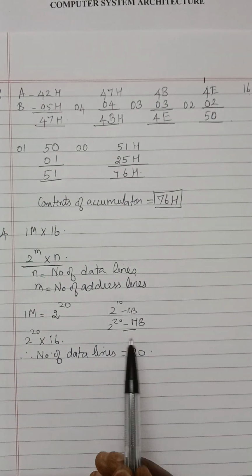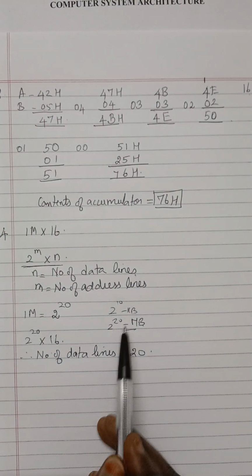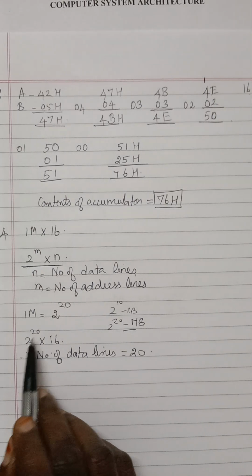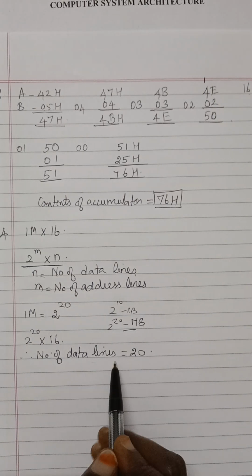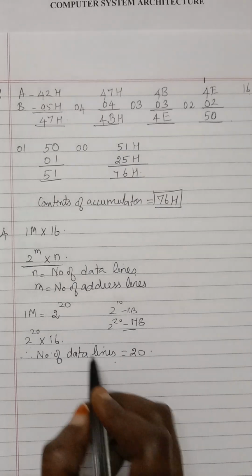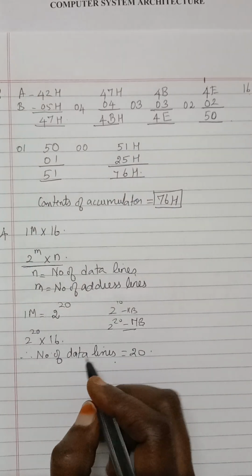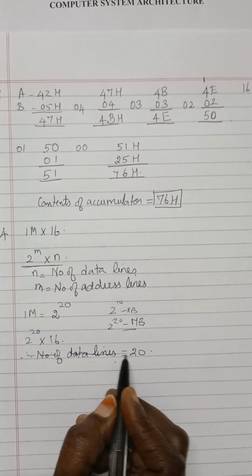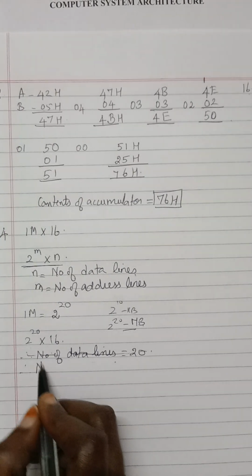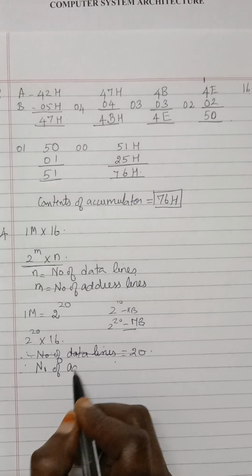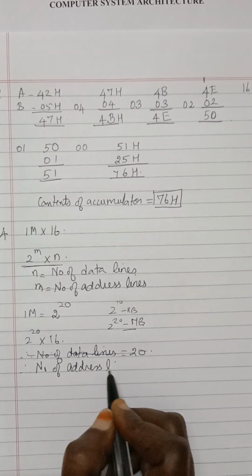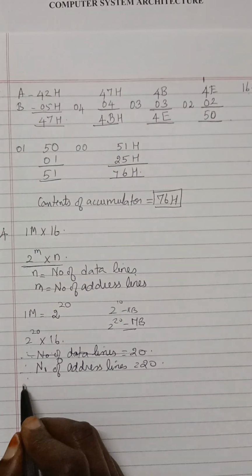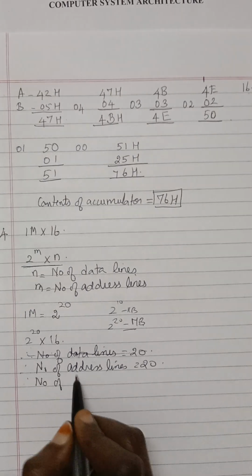It's given as 1M, so we write it as 2 to the power 20. So the number of address lines will be 20, and the number of data lines is 16.